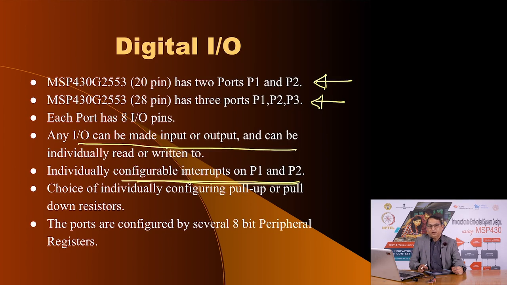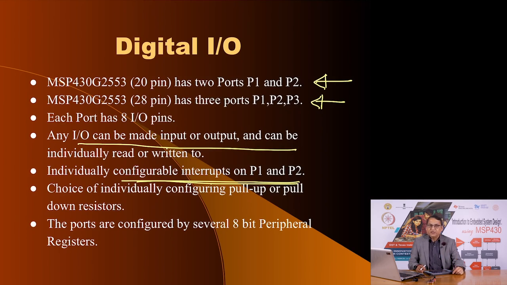Apart from this functionality, if you choose these pins to become input pins, then as I had mentioned, when you connect external devices which do not provide any logic voltage, you have to transform the state of those signals, open and closed, into 1 and 0, and so you need pull up or pull down resistors. On a microcontroller such as the MSP430, you do not have to connect external resistors.